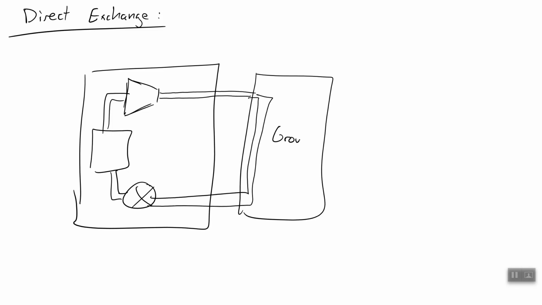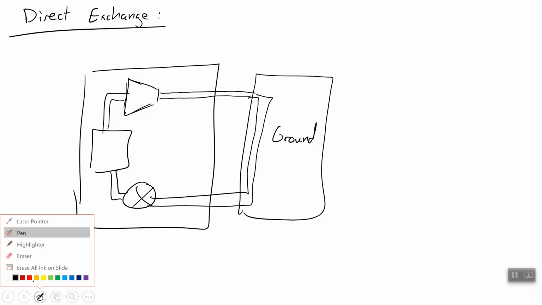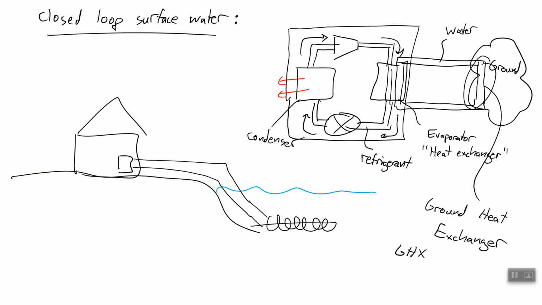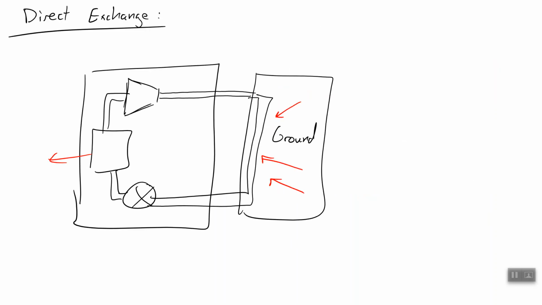So this is the ground. And we just put that heat from the ground directly into the refrigerant, as opposed to in our previous system where the heat from the ground enters our ground heat exchanger, which is then transferred into our refrigerant in the evaporator. Now in a direct exchange system, we put refrigerant directly into the ground, which is great but uses a lot of refrigerant, so not always the best idea.